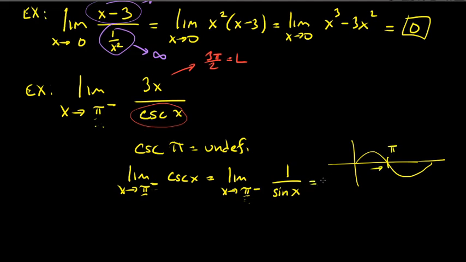So this should be positive infinity. So again, the denominator is going to positive infinity. So the whole thing gets smaller. It goes to 0. Okay. So yeah, I didn't mean pi over 2, I meant pi.